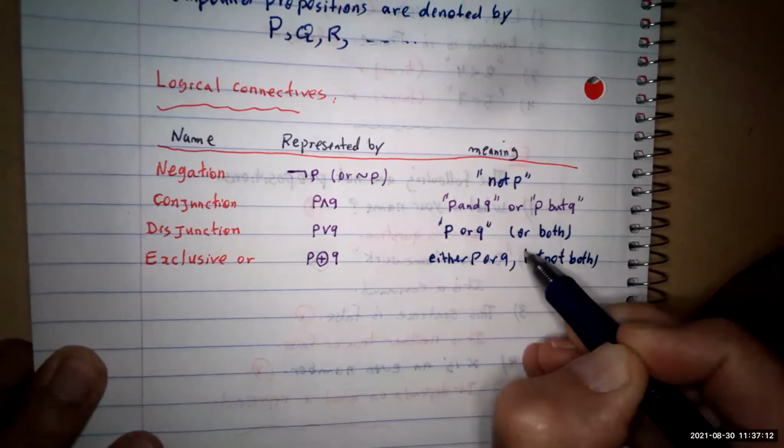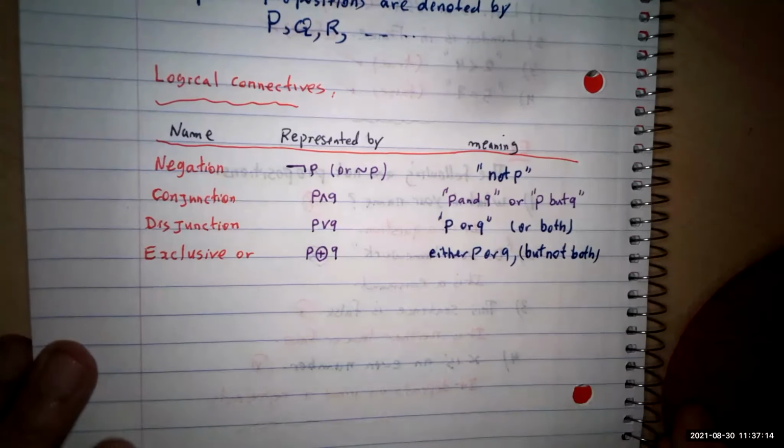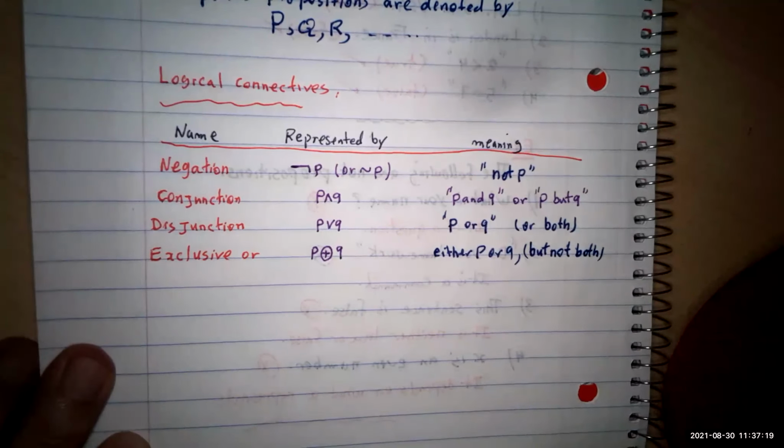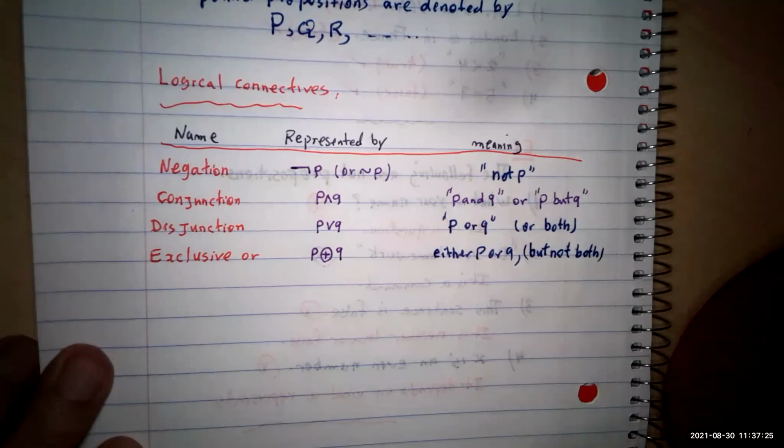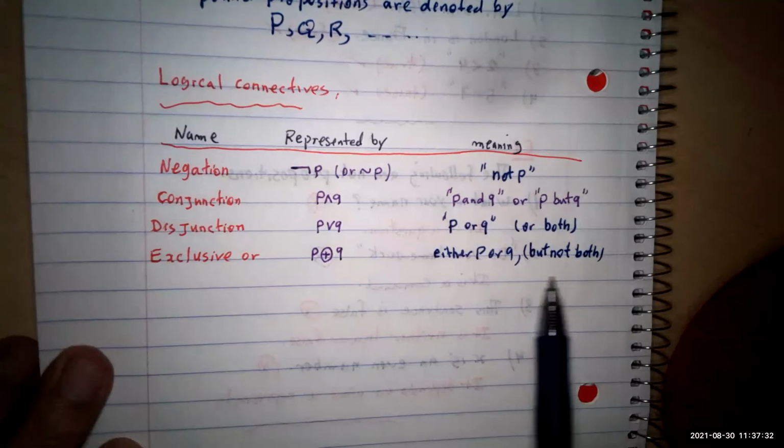It's like when you order something in a restaurant and they say you can have a soup or something else. You cannot say I want both of them. When they talk about it, they mean exclusive or.